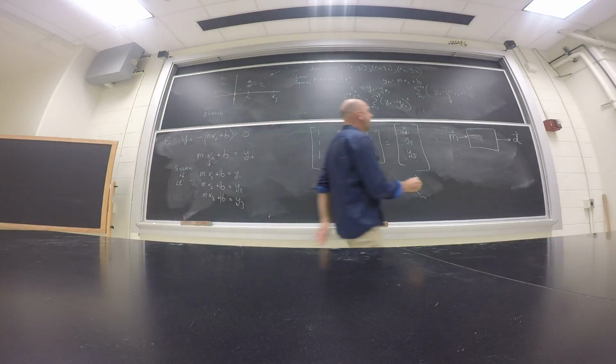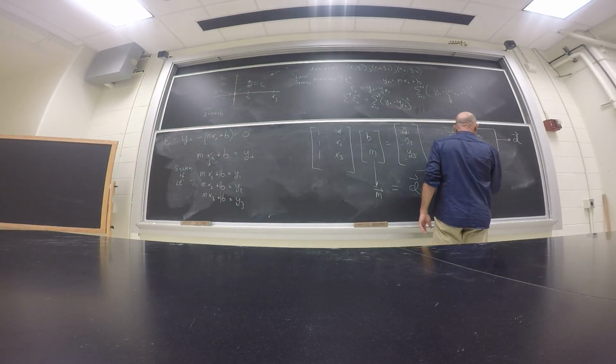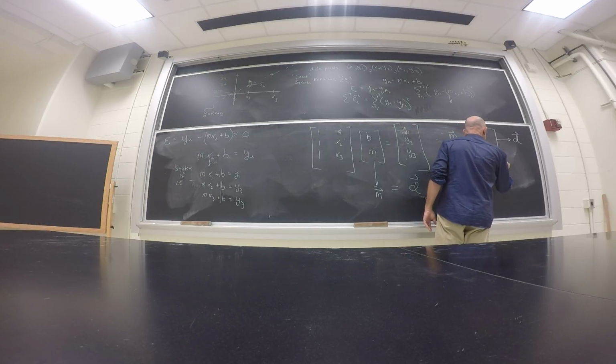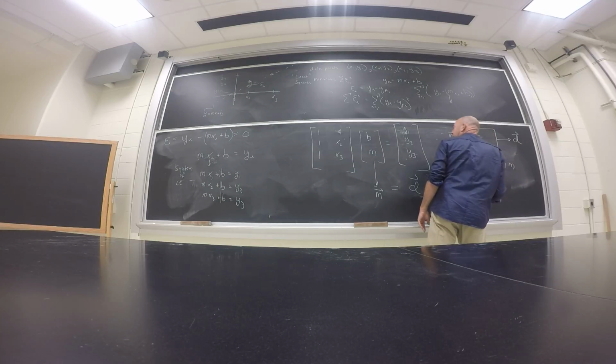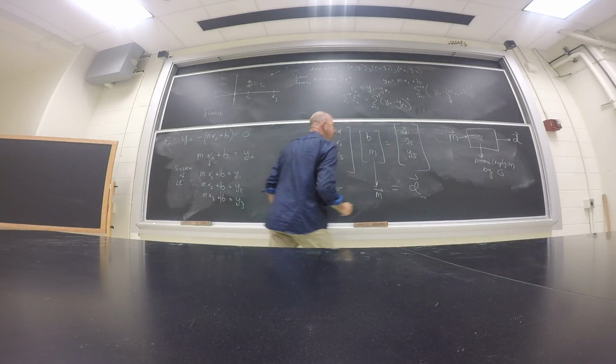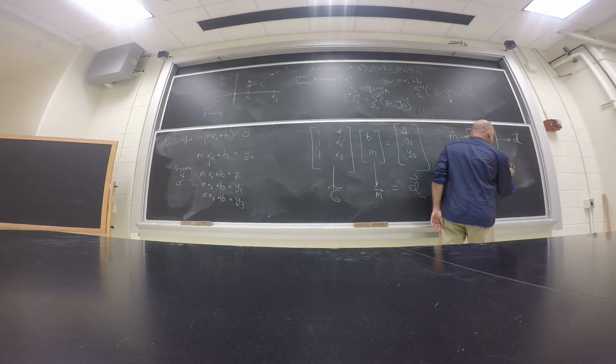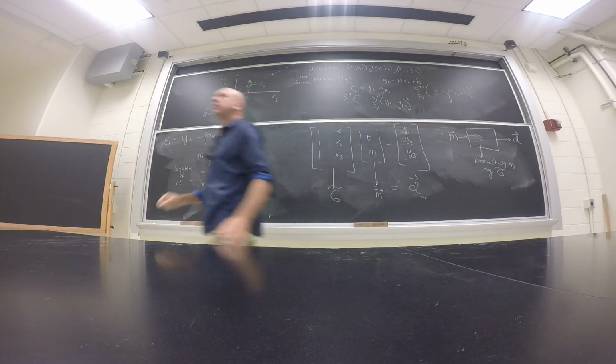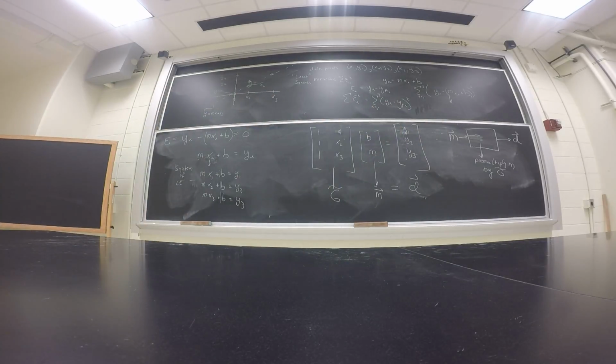In this case, we're going to pre-multiply m by g, where g is this matrix right here. So pre-multiplying m by g takes us from model space to data space.